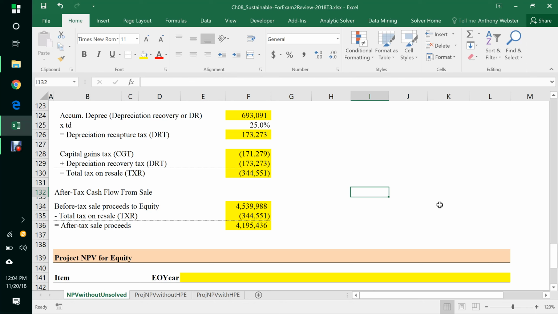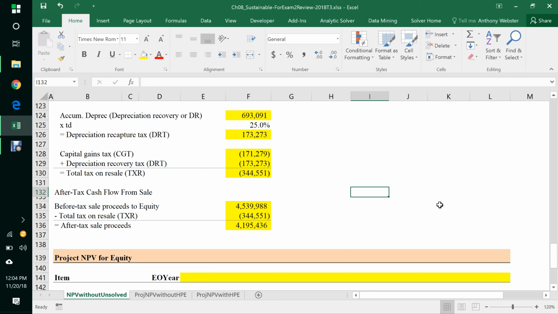So now I think I have everything I need to evaluate this project for the sponsor, right? I have all their cash flows associated with development. I have all their cash flows associated with managing the property. Phone away, please. No phones, phone away, please.